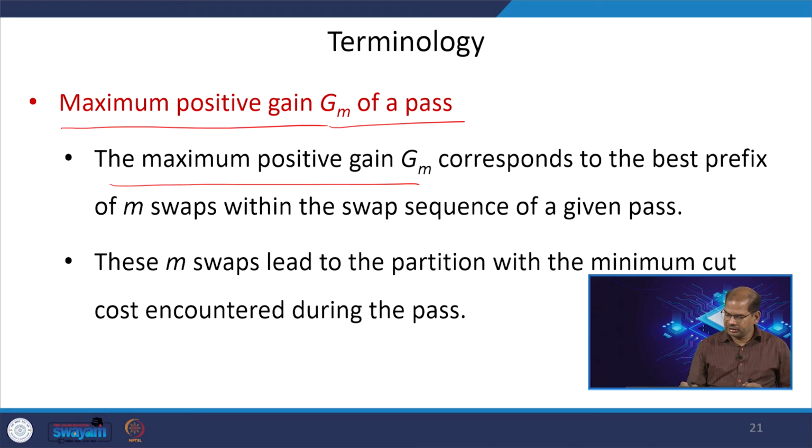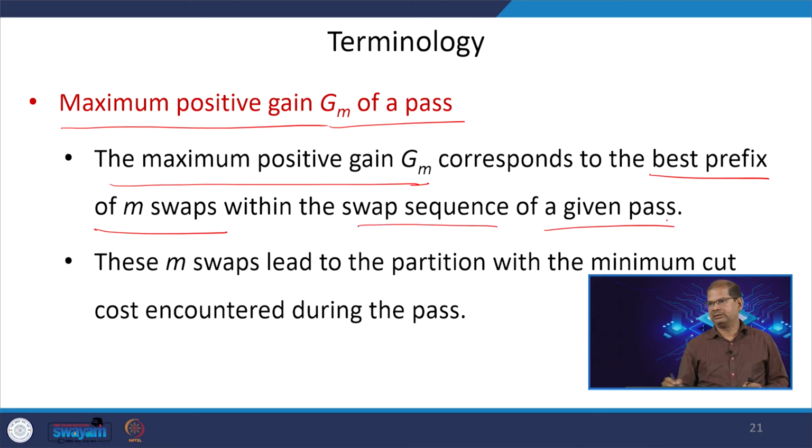G of m is the best prefix of m swaps within the swap sequence for a given pass. For one pass, G of m gives the maximum positive gain among all the delta G, and that is the point I should take as the best partition in the given pass.